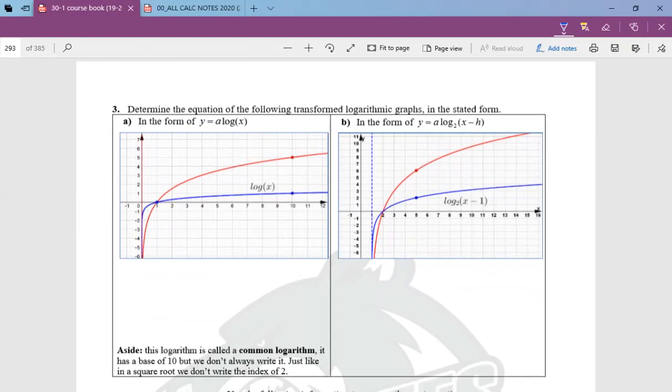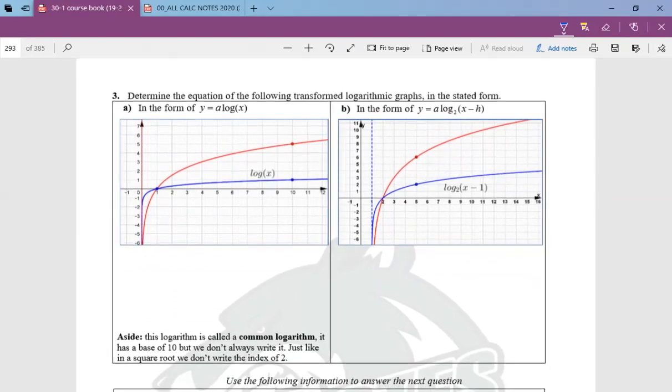All right. So to determine the equation of our transformed function, the one that's in red, y is equal to a log x, is this one here. Because the other one is labeled as y is equal to log x.